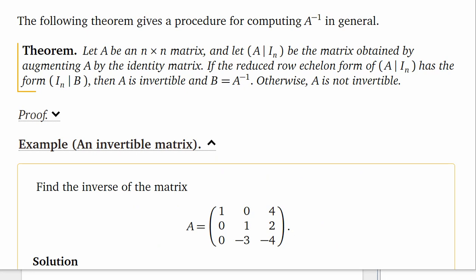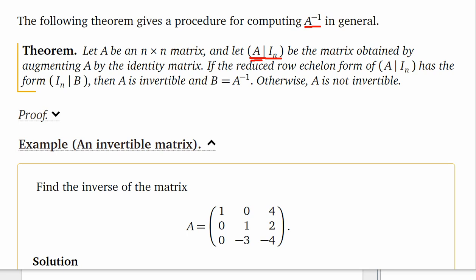So now we're ready to define a way to calculate inverse matrices, and it's going to, unsurprisingly, involve row reducing an augmented matrix. And what they're saying is, hey, if I want to try to find A inverse, then I'm going to take the matrix A and I'm going to augment it with the identity matrix.